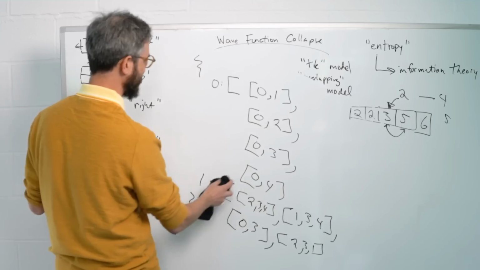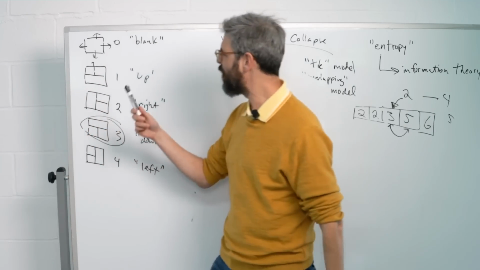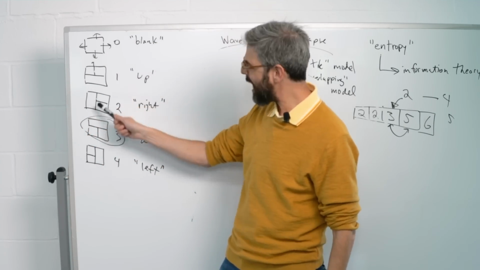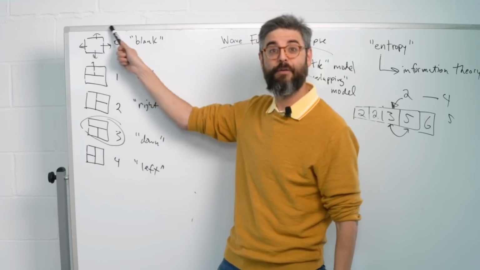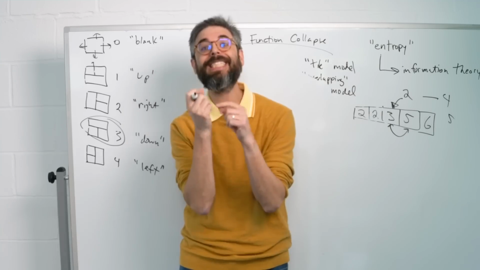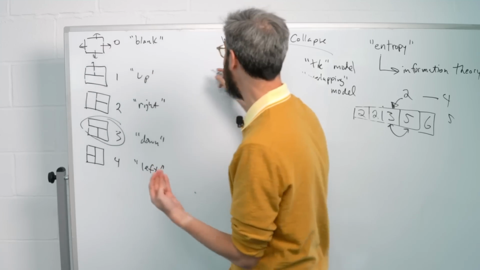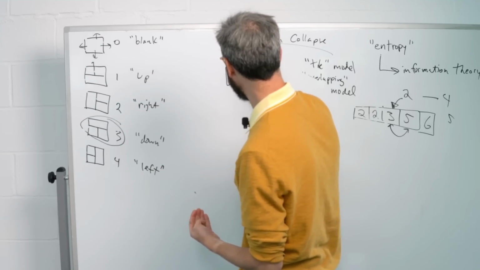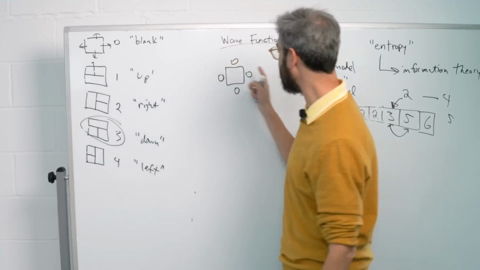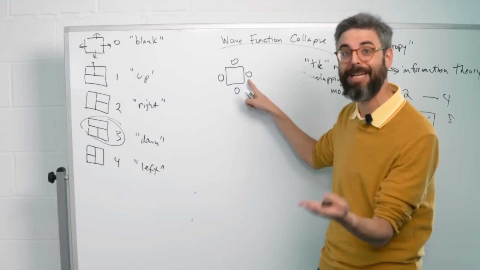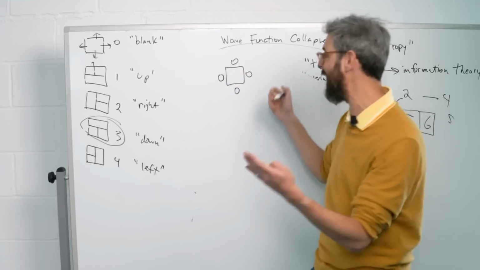But in this case, even though I do have 5 tiles, each with 4 neighbors, each side is only one of 2 possibilities. So really, I could say this blank tile can only connect to other tiles that have a blank represented by a 0 on any side of it.